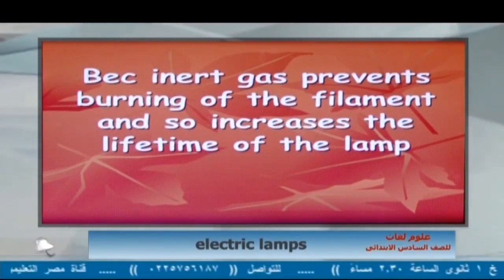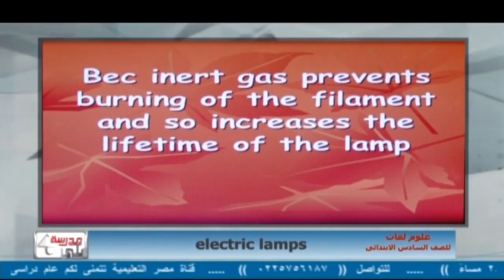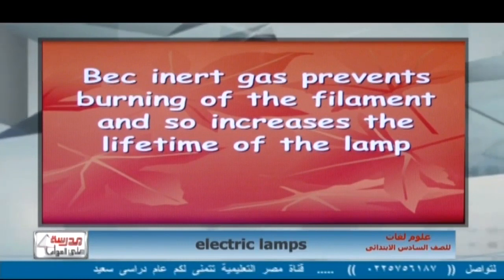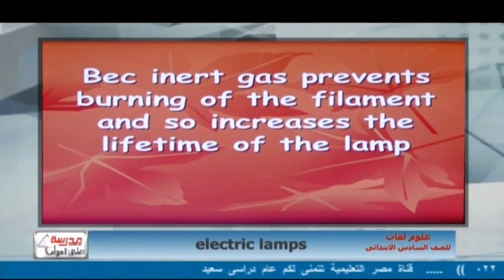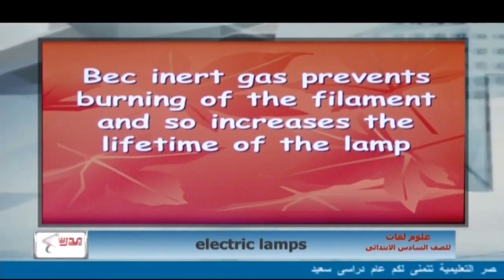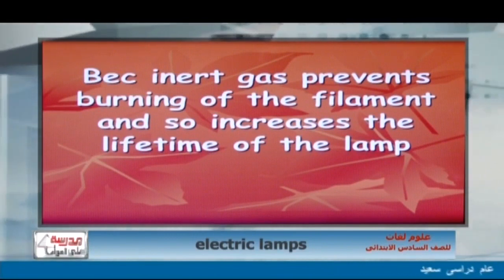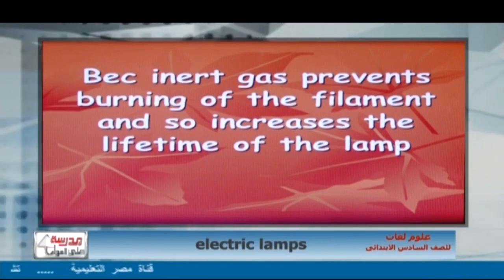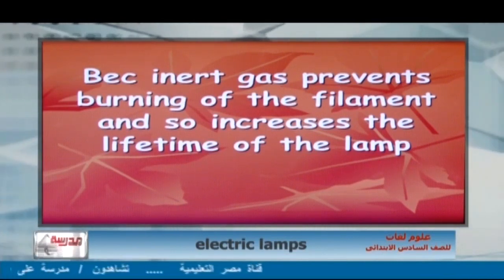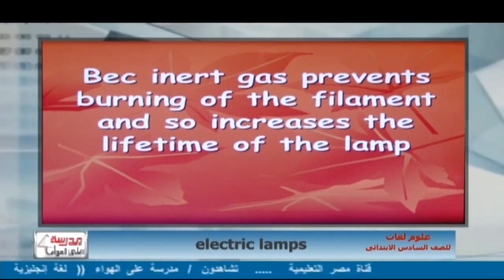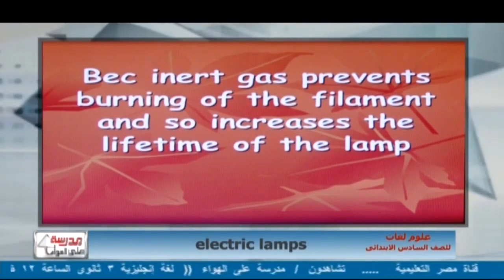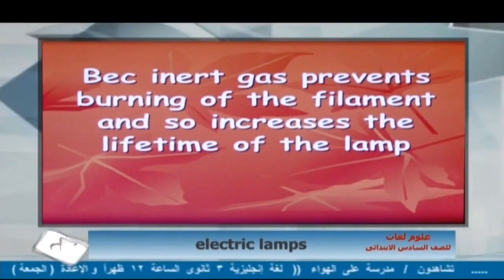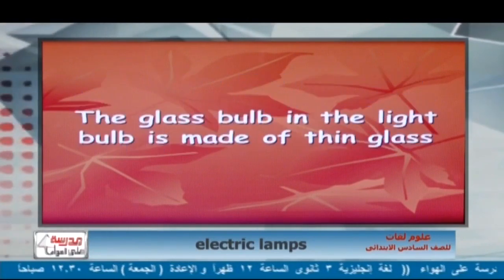Because the inert gas prevents burning of the filament and so increases the lifetime of the lamp. The inert gas prevents the burning or combustion process, and that increases the lifetime of the lamp.